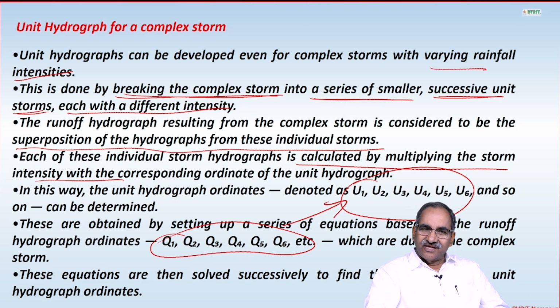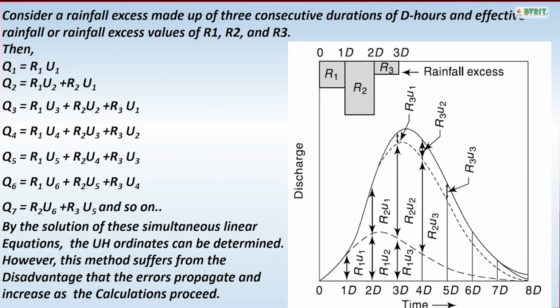Whatever I have written here, I will show you in the problem. There are three storms here, you take it. One has intensity R1, the second has intensity R2, the third has R3. All put together is the complex storm. R1 may be 2 centimeters, R2 may be 4 centimeters, R3 may be 3 centimeters.